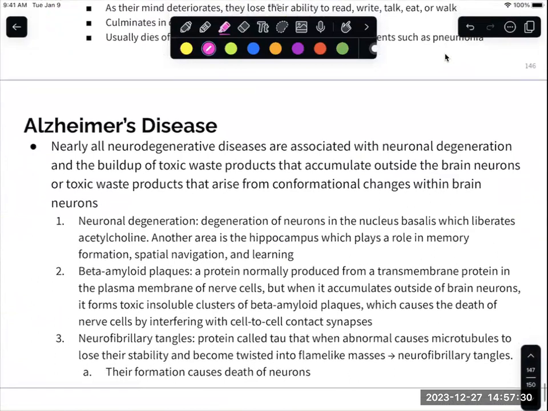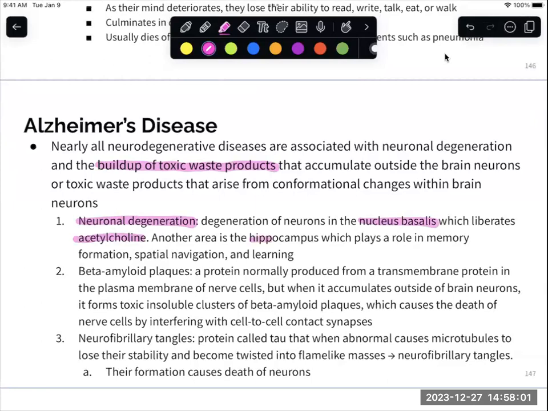So based off of research, what is actually happening in the brain is there is a buildup of toxic waste products, which causes neurons to degenerate, especially in the basal nucleus. The basal nucleus uses acetylcholine as its neurotransmitter.